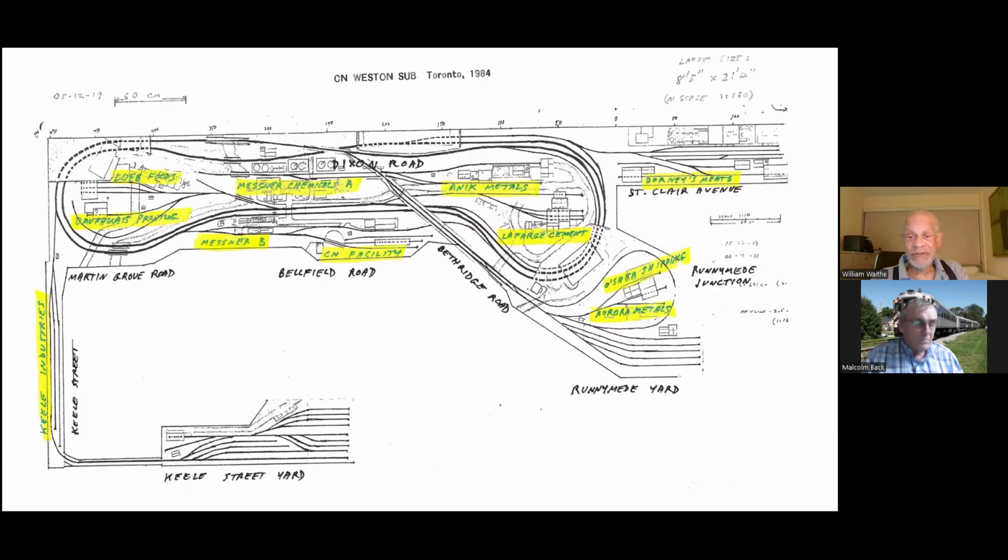And this is our first layout, which was in the basement of a townhouse, 8.5 feet wide and about 21 feet long. And it's typical of a newbie, my first layout, which is the tendency, for a new builder of a layout, to cram every available space with tracks, as we can see here.